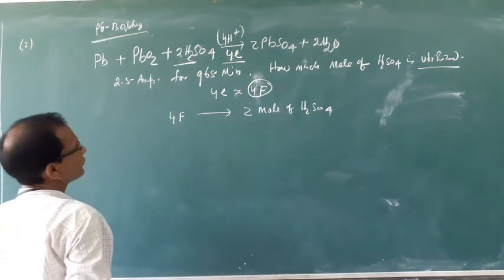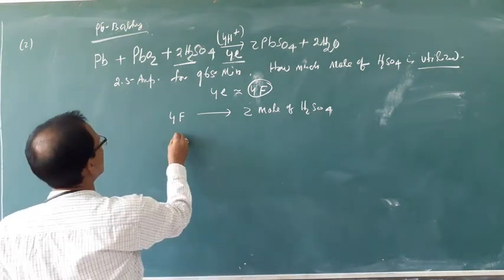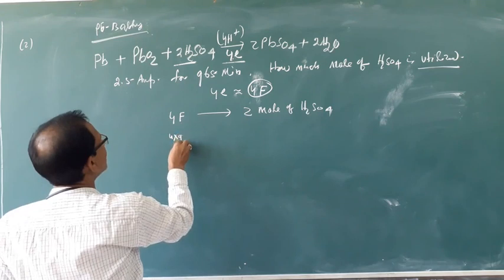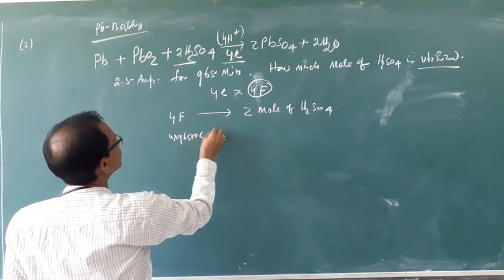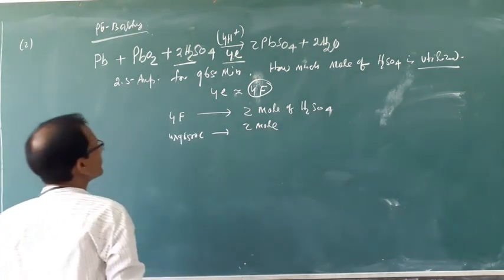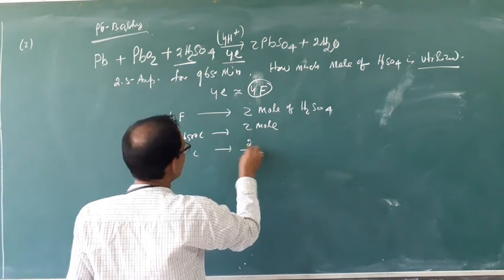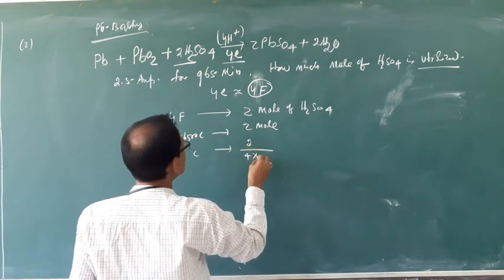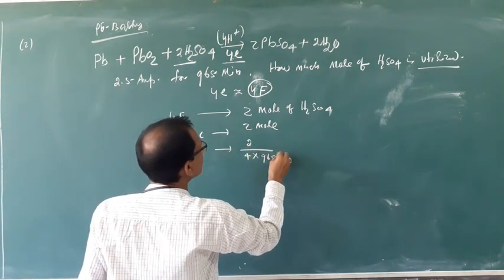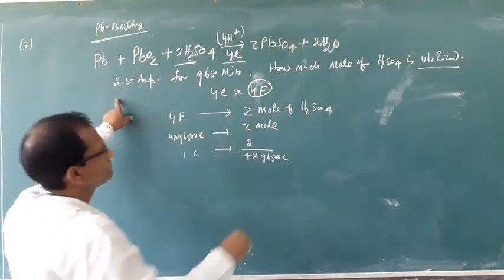So 4 Faraday means 4 into 96,500 coulomb produce 2 mole sulfuric acid. So 1 coulomb produces how much? 2 by 4 into 96,500 mole. But as per the data, what?